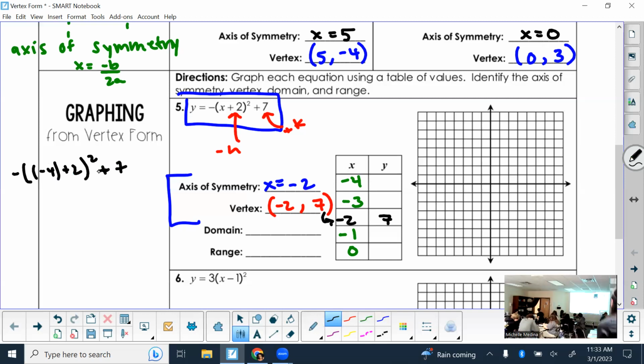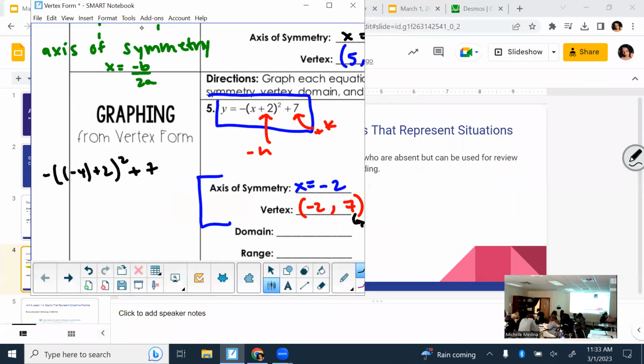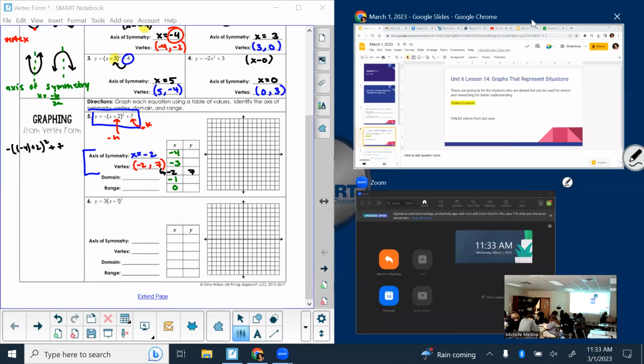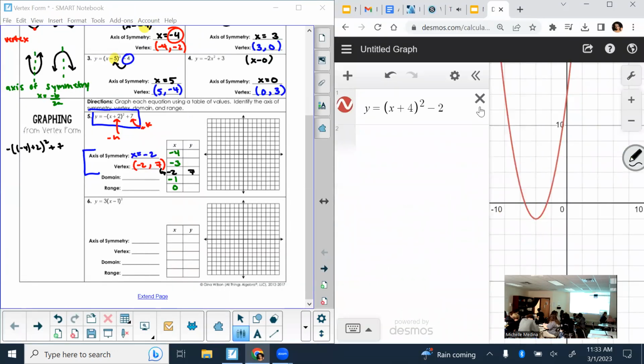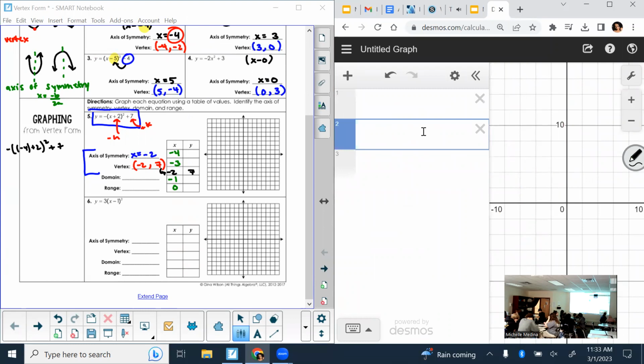So that's what I'm going to do with Desmos. Negative parentheses, whatever you plug in, just put it in parentheses. That's a good habit. So everyone see how all I did was replace this X. It's the same equation. Then that means my first Y value is 3. And you put that in your table.